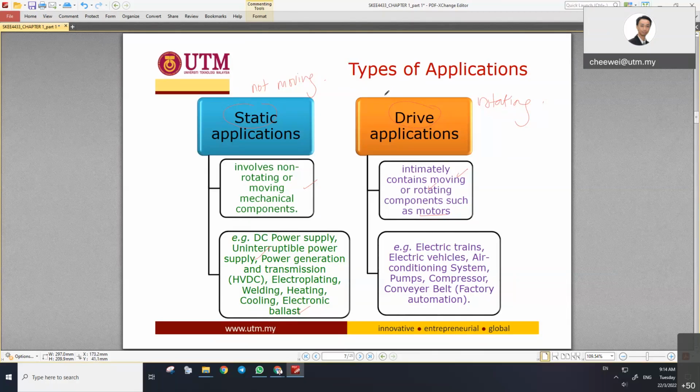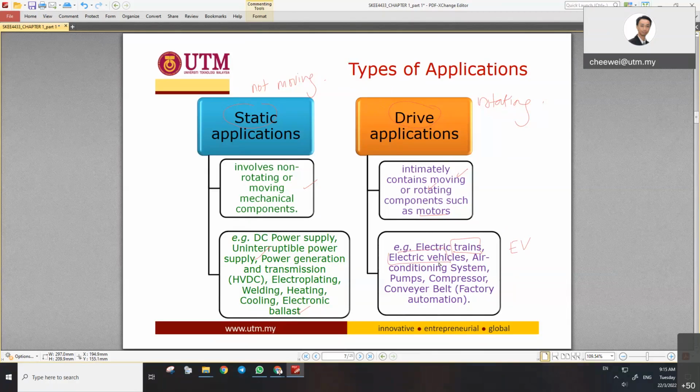So where do we use the drive application? For example, traction, trains, electric trains, electric vehicles. We call it EV. Air conditioning: inside the aircon there is a compressor, so that is moving.